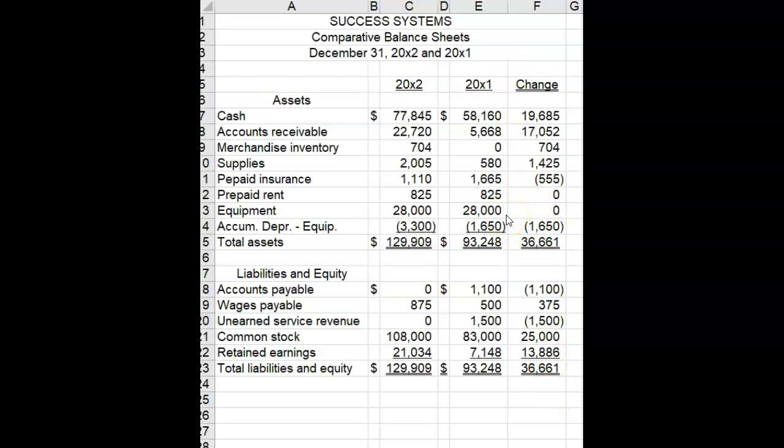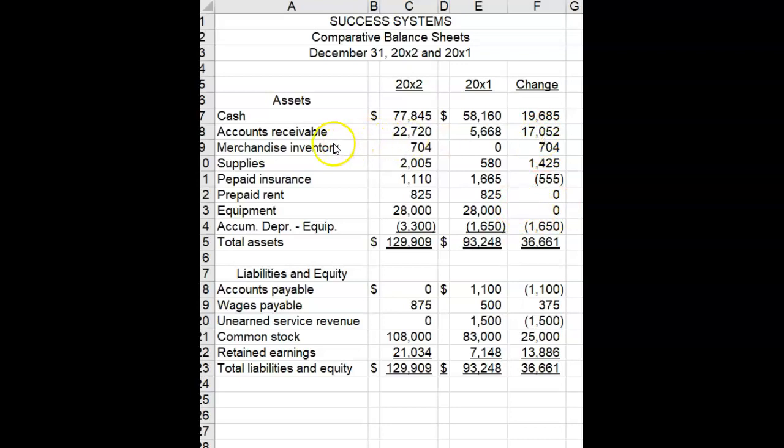The change in cash and cash equivalents is not shown in the operating section of the statement of cash flows. So you should start the section of cash flows that show the changes in current assets and current liabilities with the $17,052 increase in accounts receivable.